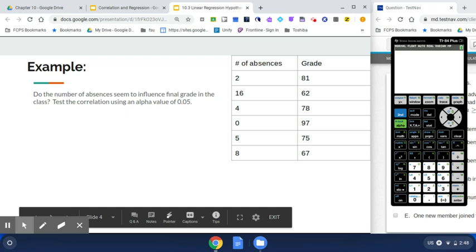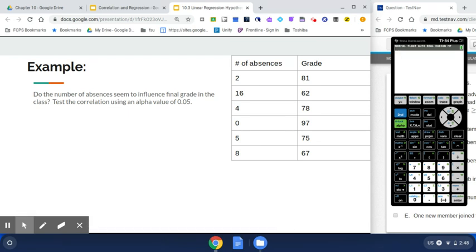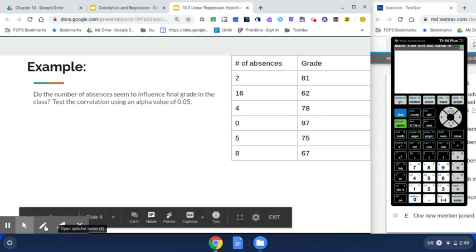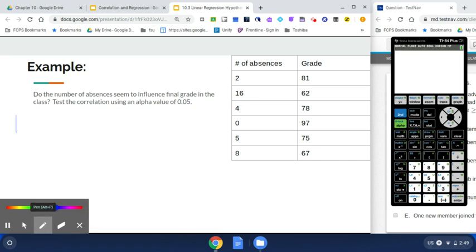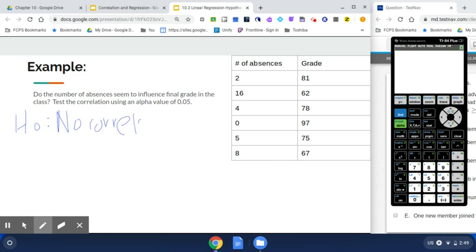All right, so here's the first example that we're going to go through together. It says, do the number of absences seem to influence final grade in the class? Test the correlation using an alpha value of 0.05. Okay, so for our null hypothesis, we would say there's no correlation between absences and grade.